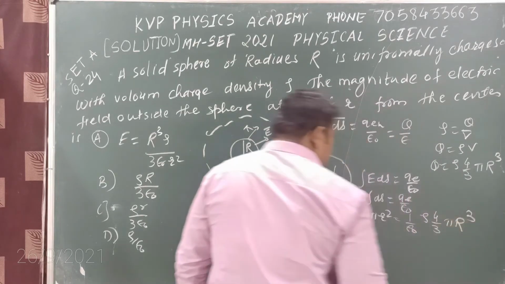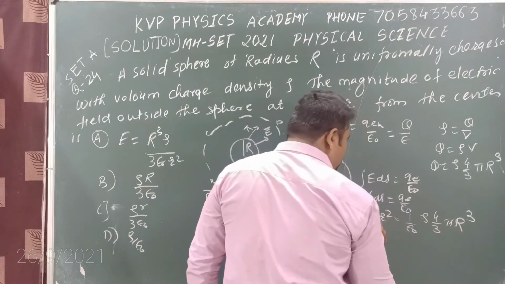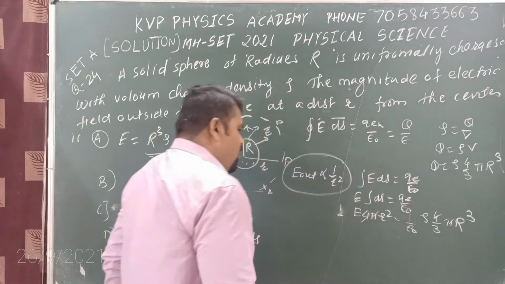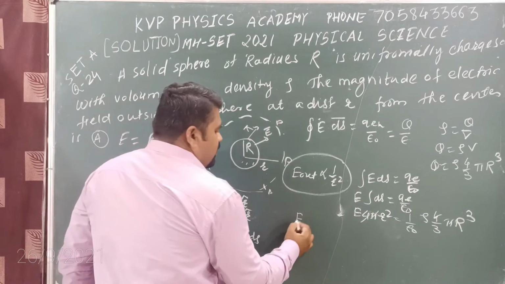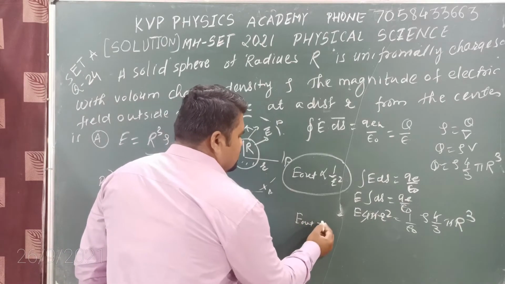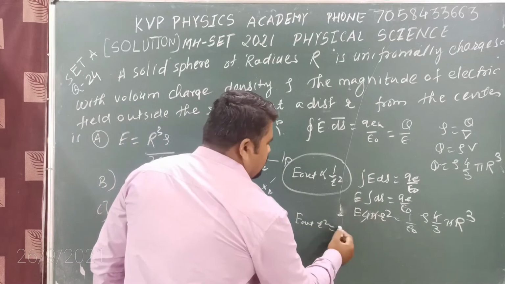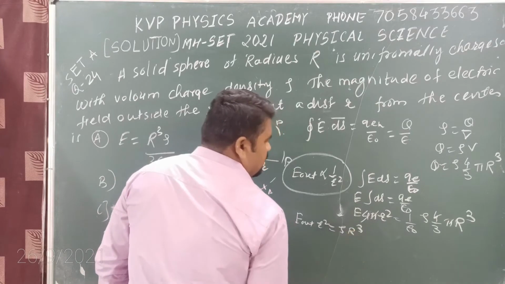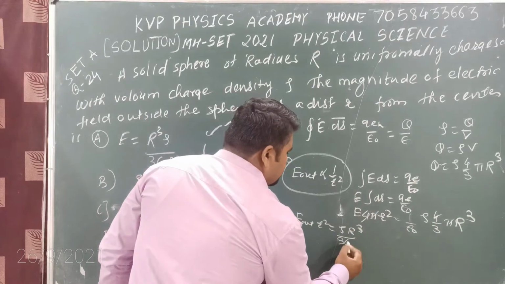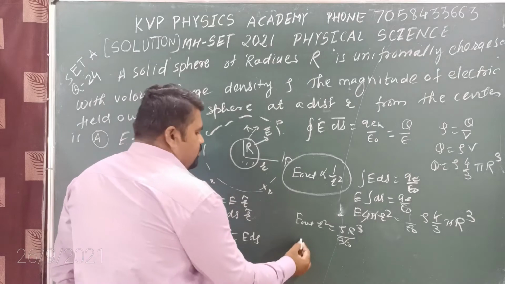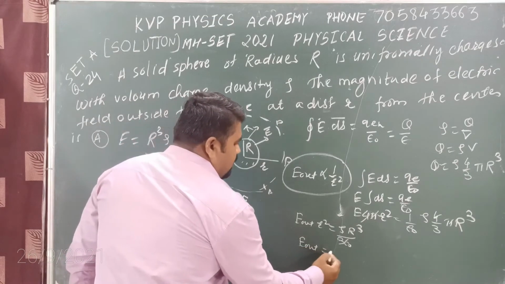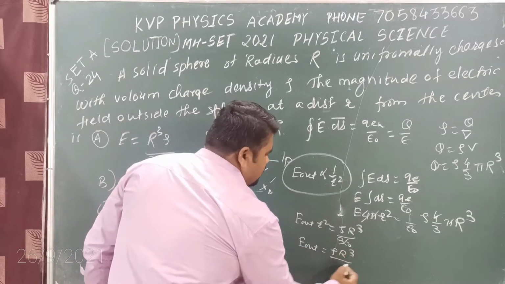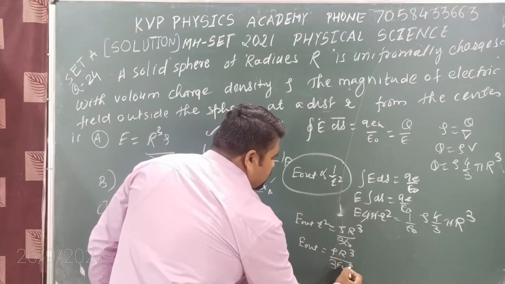Now the pi cancels and the 4 cancels. So E out equals rho R cube upon 3 epsilon naught r square.